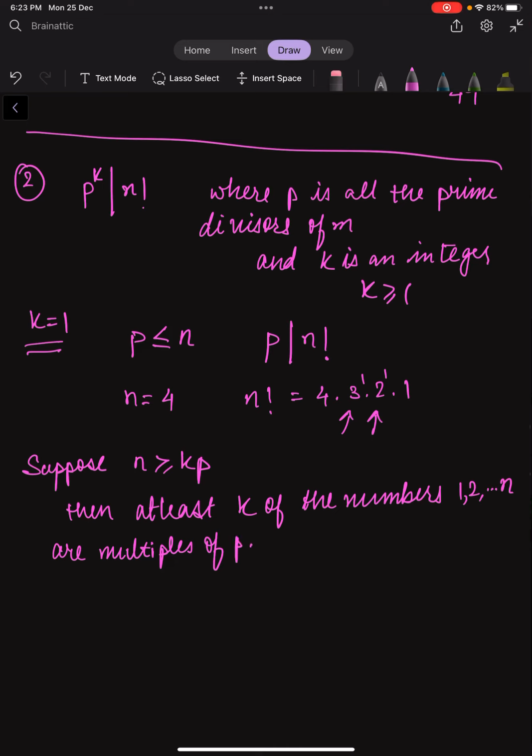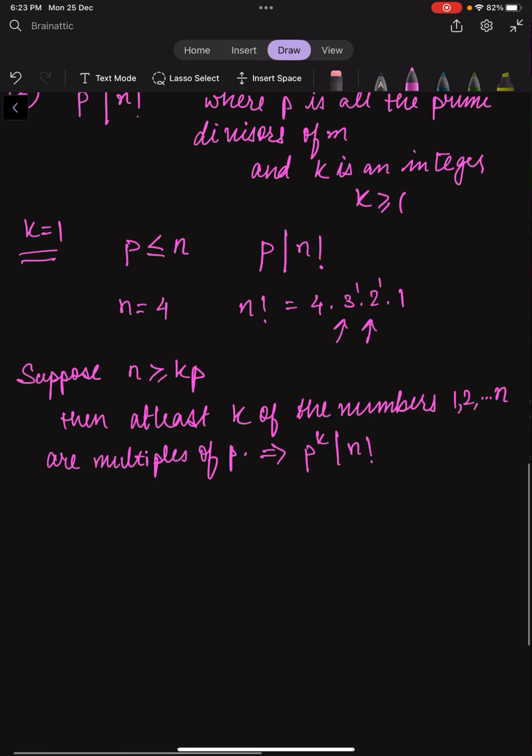If you didn't understand the statement, we'll see it. Then it is sufficient that p^k divides n factorial. So if you didn't understand the statement, we'll make it clear by taking up some examples.